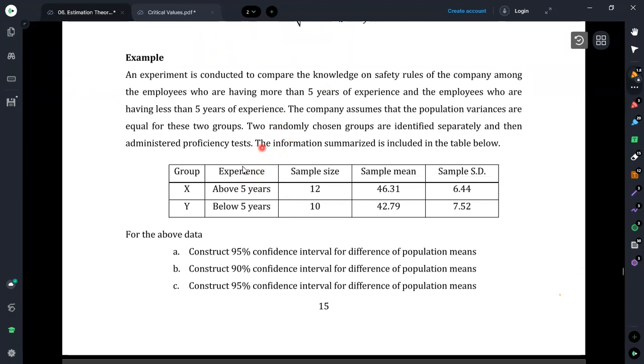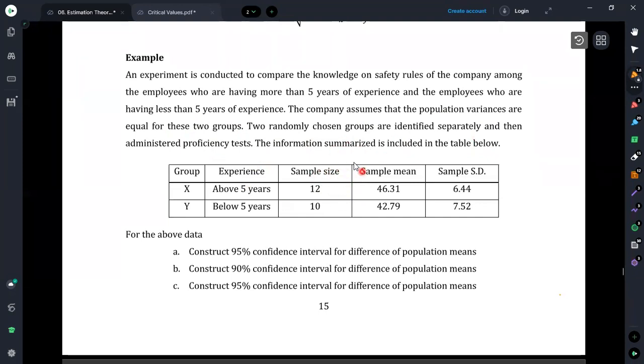These are two independent samples, but small samples, from two randomly chosen groups selected separately. They ask us to assume that the population variances are equal for these two groups, and they have conducted a proficiency test to measure their knowledge.